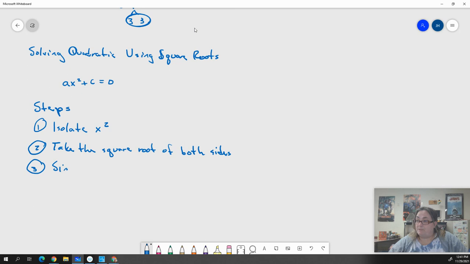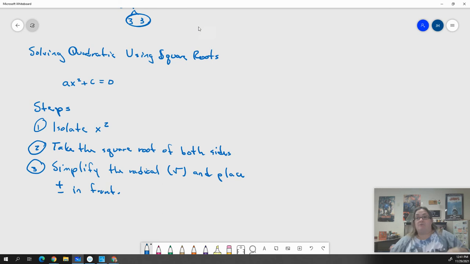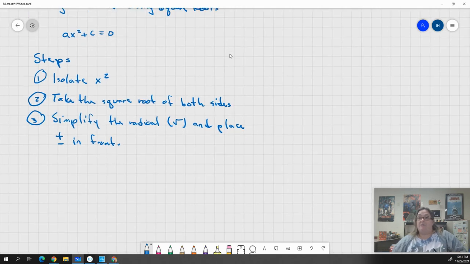Simplify the radical. That means the square root. And place plus or minus in front, right? Because that plus or minus shows that we're getting two answers. We're getting a positive of it and we're getting a negative.